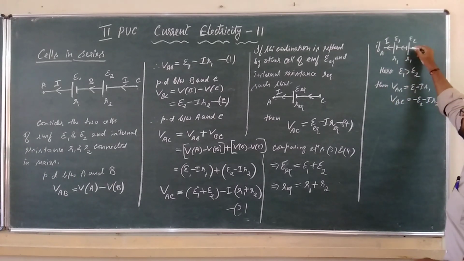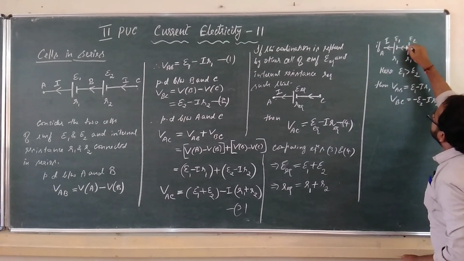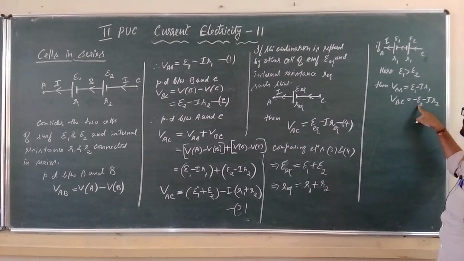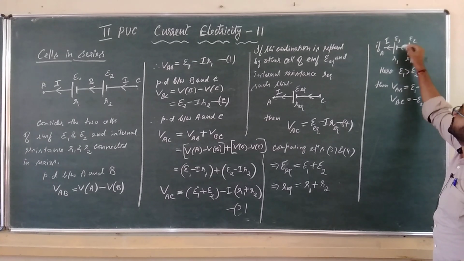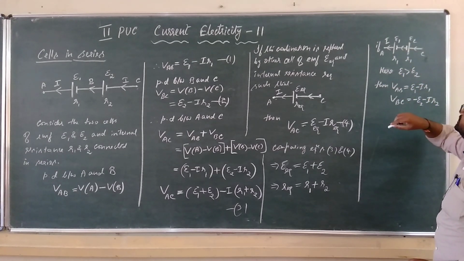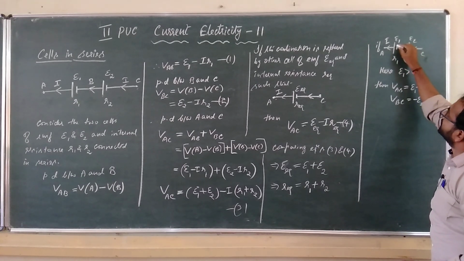This is minus because while calculating the EMF, it should be an open circuit. Therefore, this electrode is negative, this electrode is positive. So therefore, minus E2. Now, while calculating the terminal potential difference, the circuit is closed. Current is flowing from lower potential to higher potential now, still because the potential of this and the potential of this is now the same.